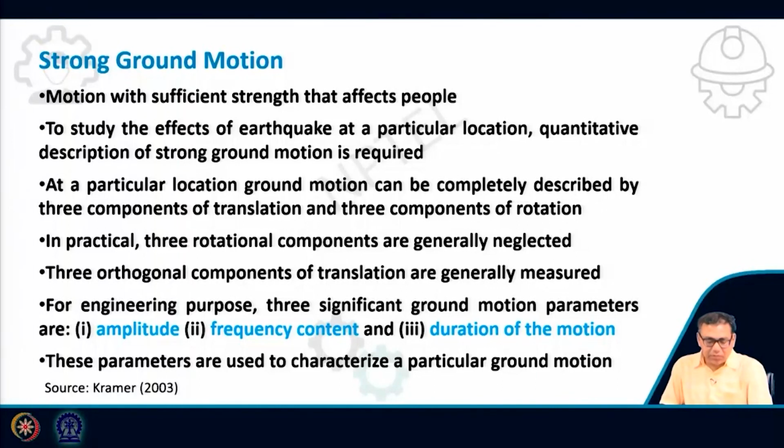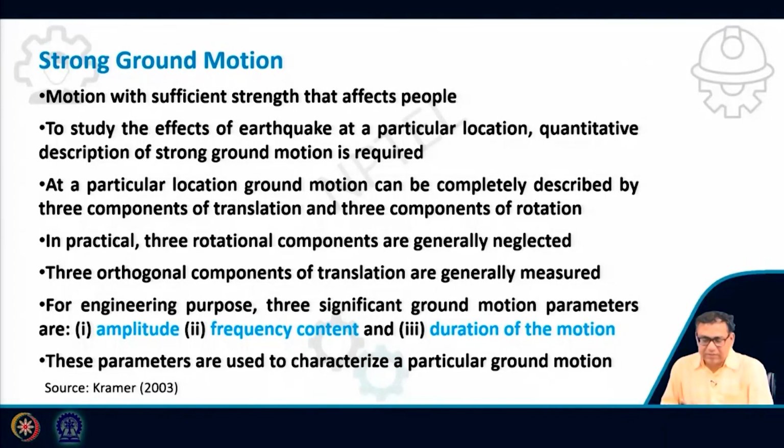At a particular location, ground motion is completely described by three components of translation and three components of rotation. The translation means two horizontal motions and one vertical motion. So that is three translation components and three rotational components.